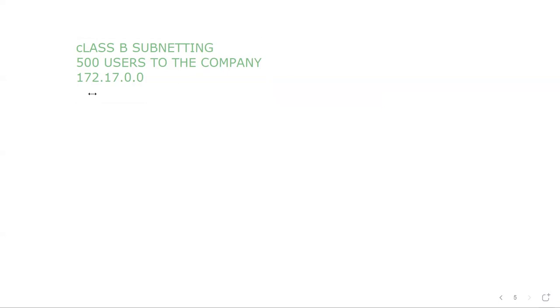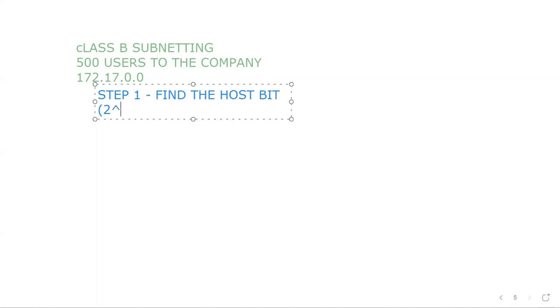Step 1, finding our host bits, right? 2 to the power n minus 2 is greater than or equal to 500, right? Then we start putting in values.